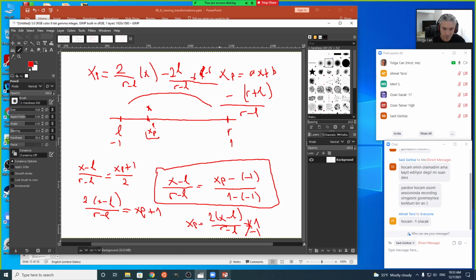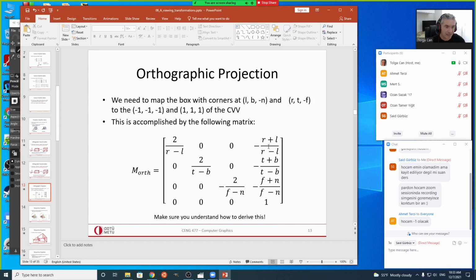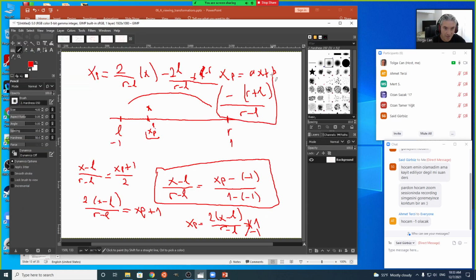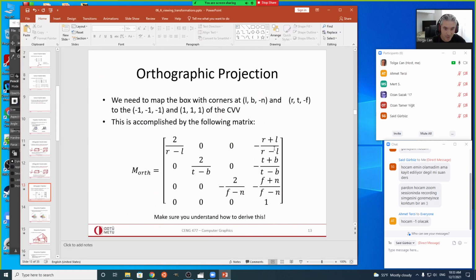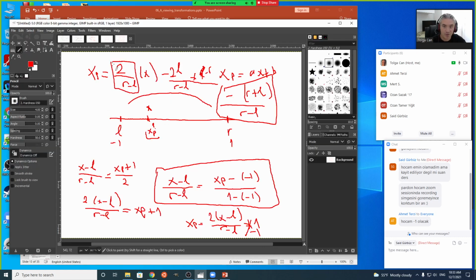If you go back to this, it's exactly what we found, minus R plus L divided by R minus L. This is that B part that we have found. So I have found this part of the equation correctly, and 2 divided by R minus L, we found that one also correctly.